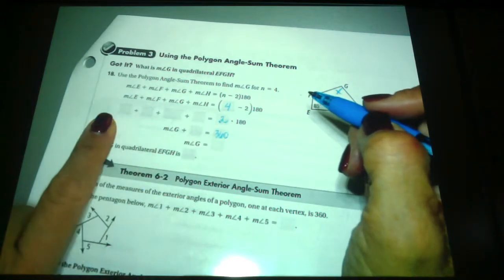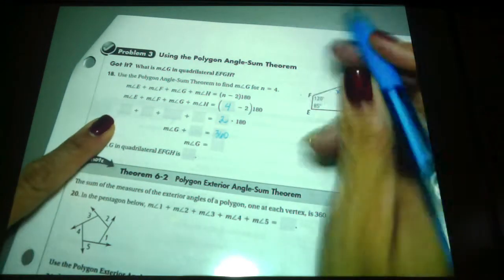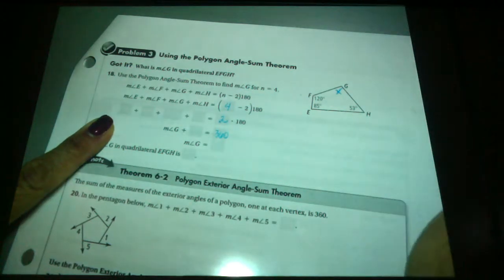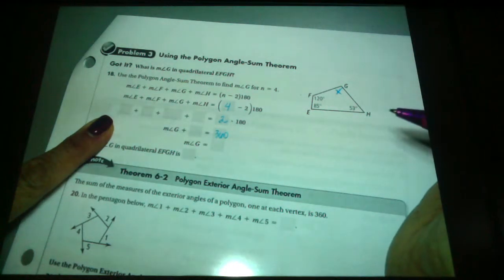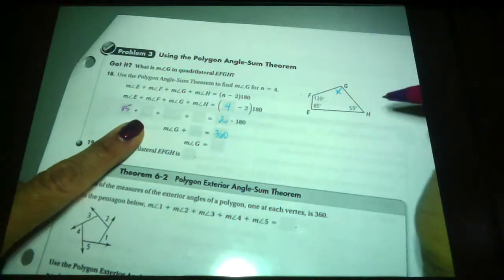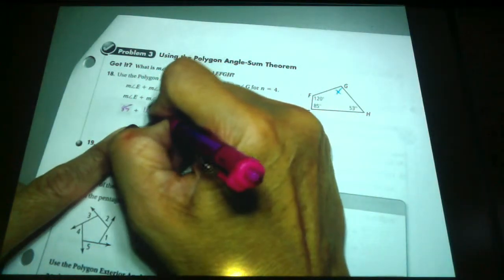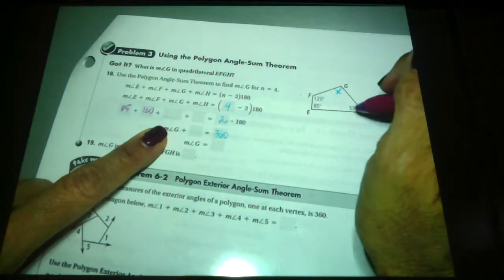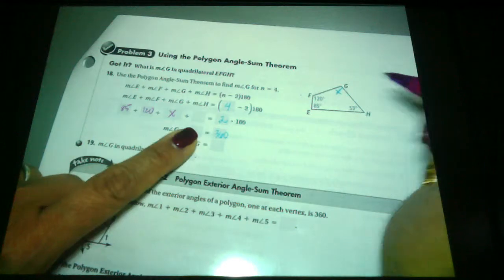So then let's look at the left side. What is the measure of angle E? 85. F? 120. G, we don't know, so we're letting it be x. And H is 53.